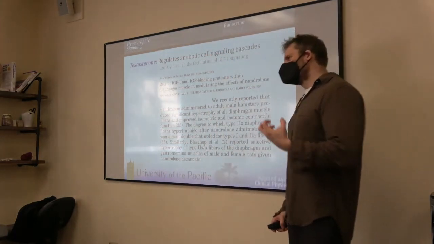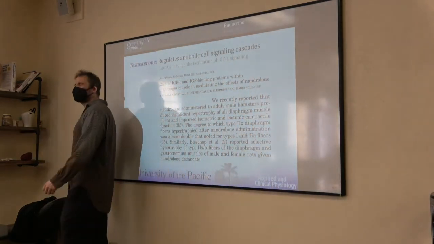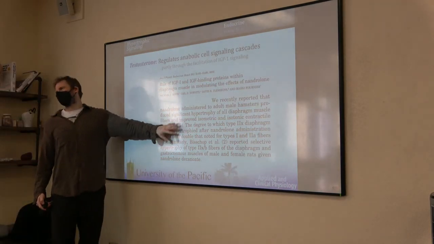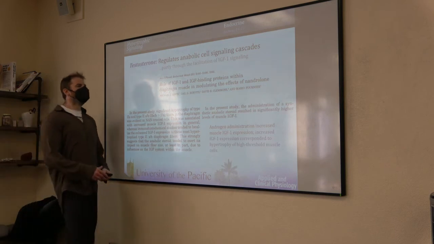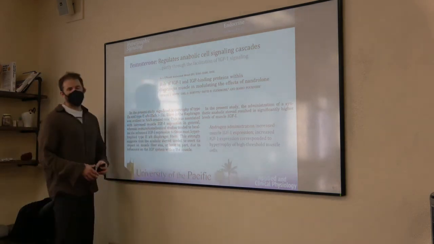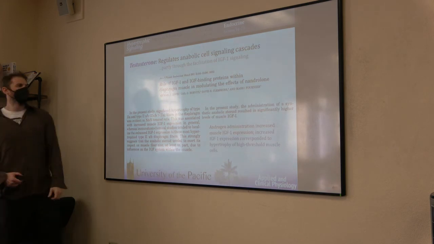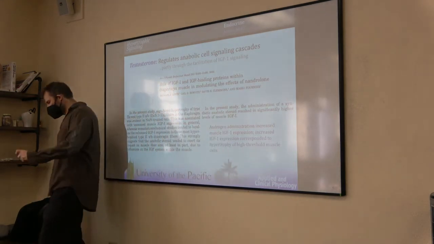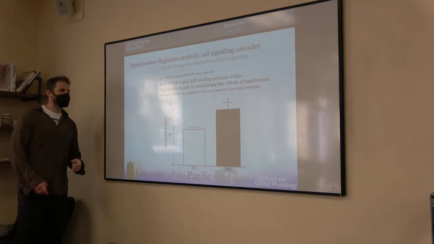The larger, bigger, stronger, faster, higher threshold motor units, the fibers in that pool were more responsive to this testosterone IGF signaling. So, again, muscle IGF expression with the administration of androgens. If you administer androgens, you're getting more muscle IGF, and then that corresponds to hypertrophy of the higher threshold fibers.